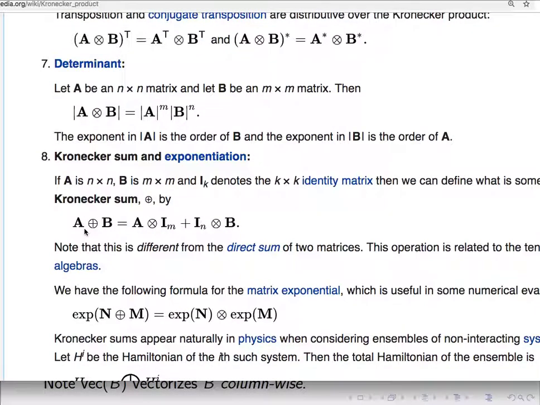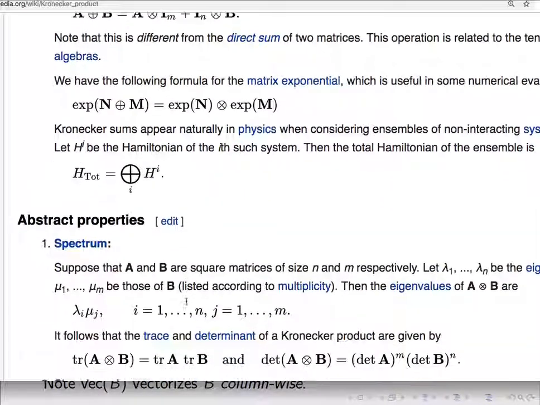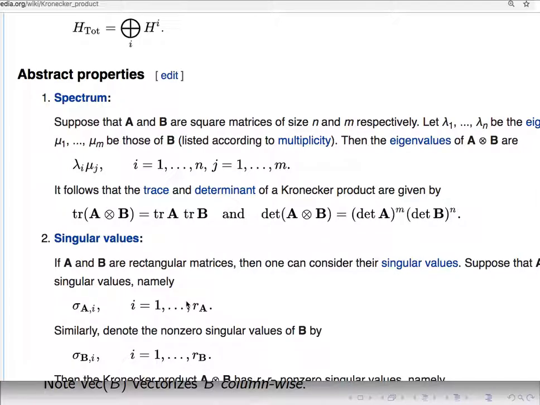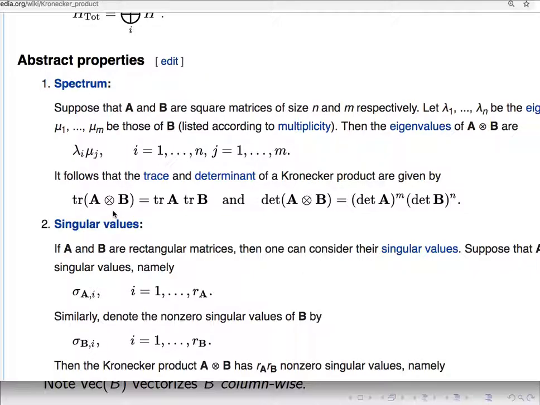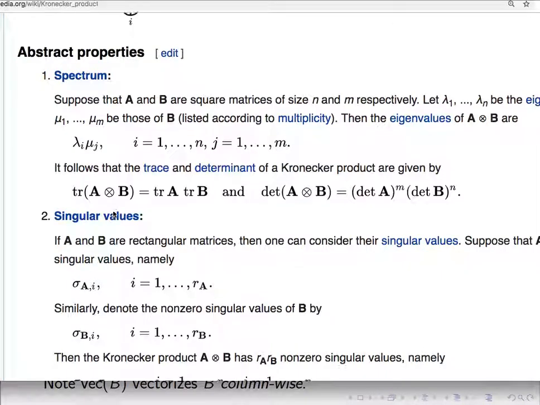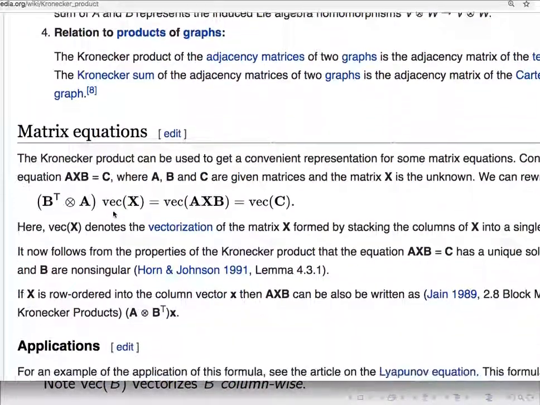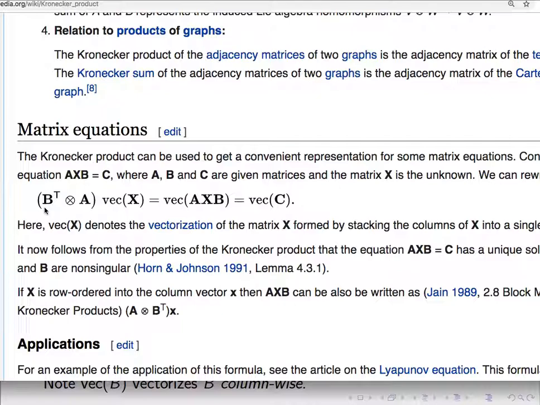Another property I find very useful is that the trace of the Kronecker product of A and B will be equal to the trace of A multiplied by the trace of B. The last one we use most often is this property: if you have three matrices multiplied together, A times X times B, this product of the three matrices is also a matrix, right?